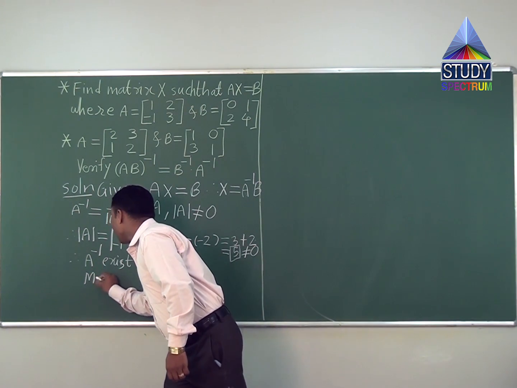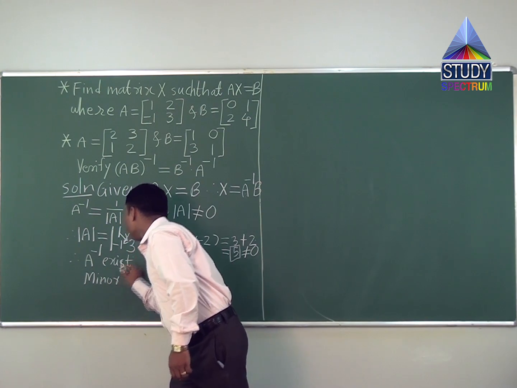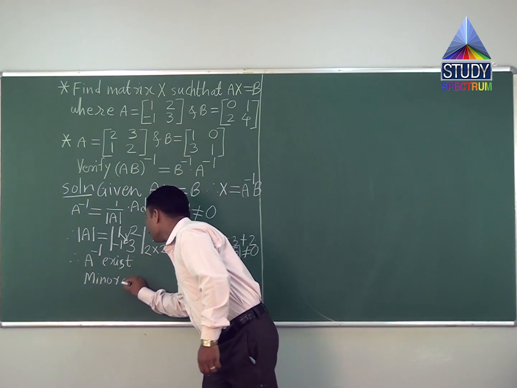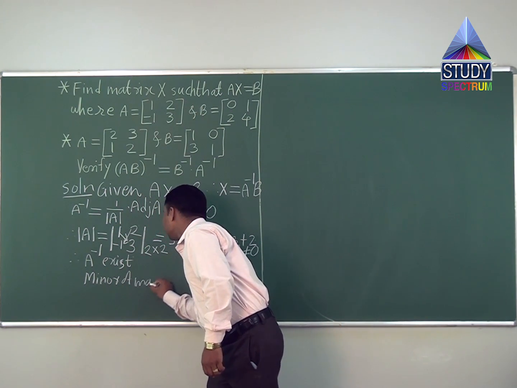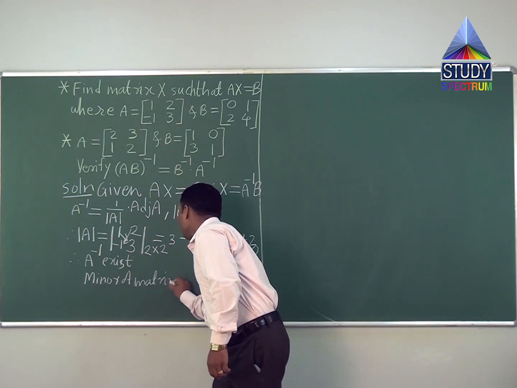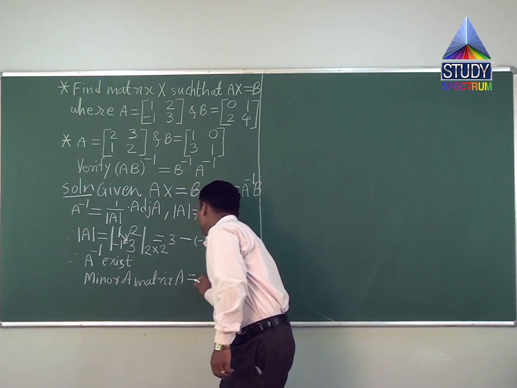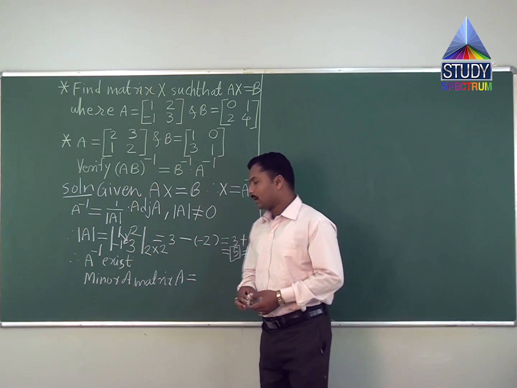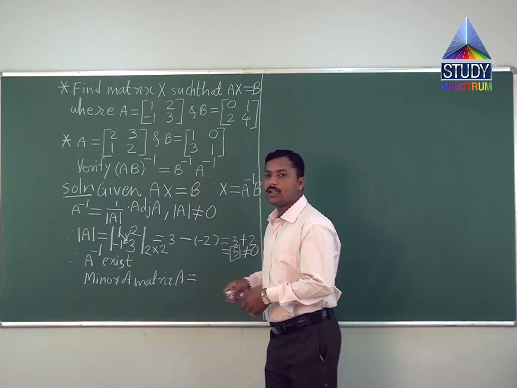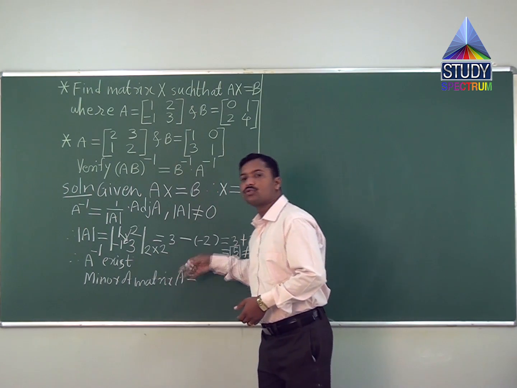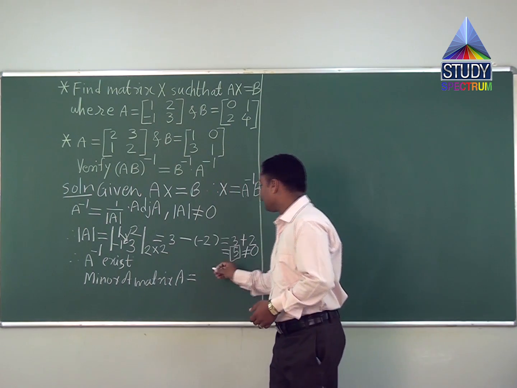So minor of matrix A means minor of numbers of given matrix A.